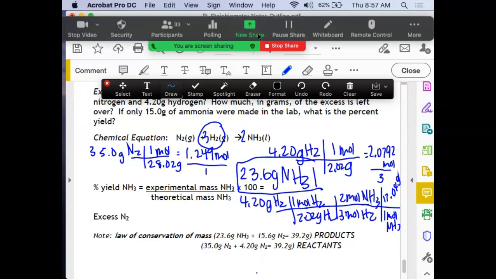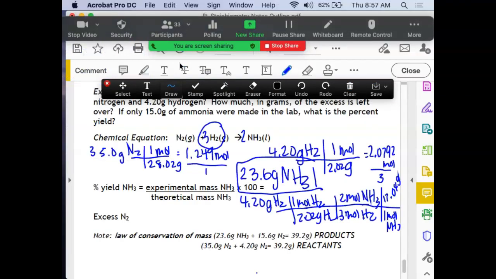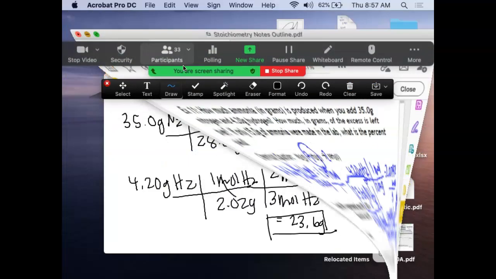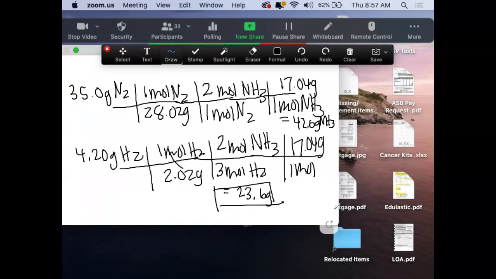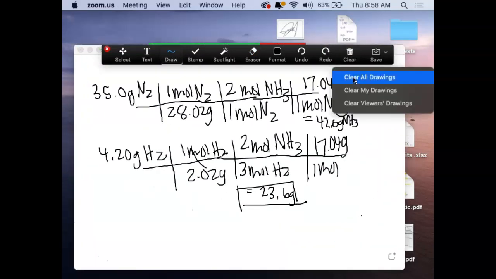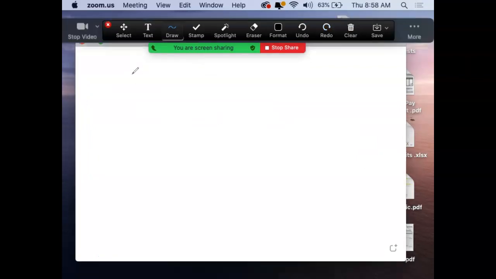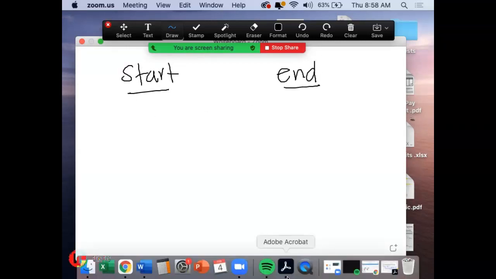Now, let's have a flashback to the law of conservation of mass. At the beginning of this reaction, you have your reactants.